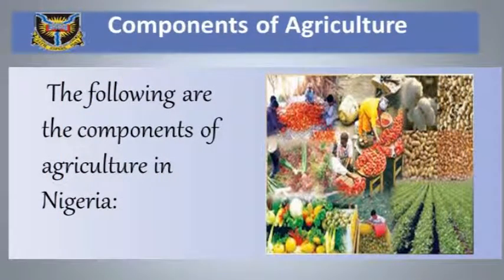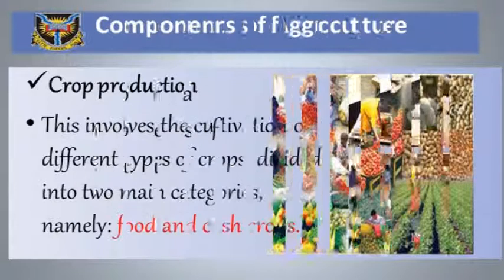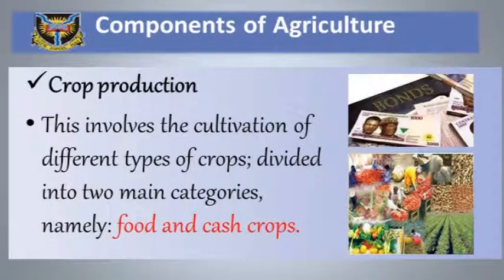Components of the agricultural sector. The following are the components of the agricultural sector in Nigeria. Crop production. This involves the cultivation of different types of crops. Crops are divided into 2 main categories, namely food and cash crops.